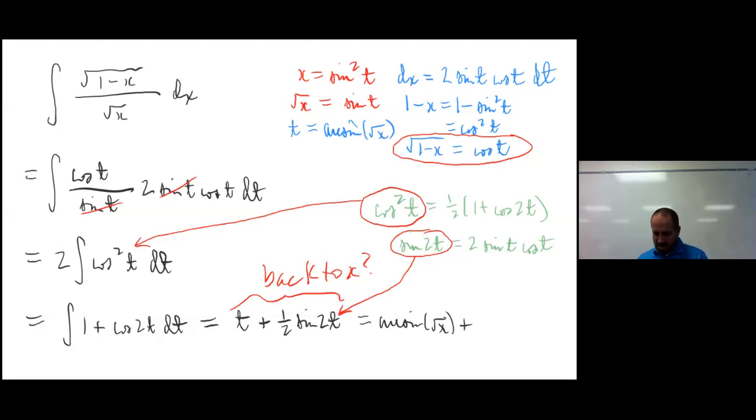It's going to be sine t cos t, which is interestingly the square root of x times the square root of 1 minus x, which I could just write as, yeah, I could either write it as that or just as the square root of x times 1 minus x, right? Or I could write the square root of x minus x squared, yes. And this is all, of course, I forgot the plus c, okay, which is critical, right?